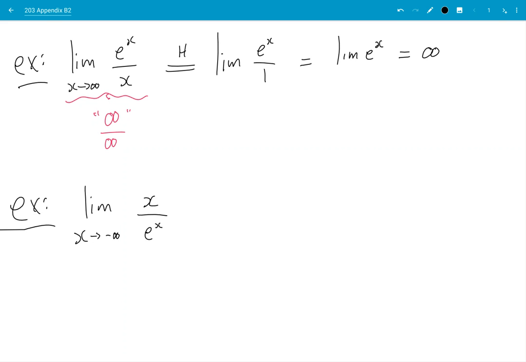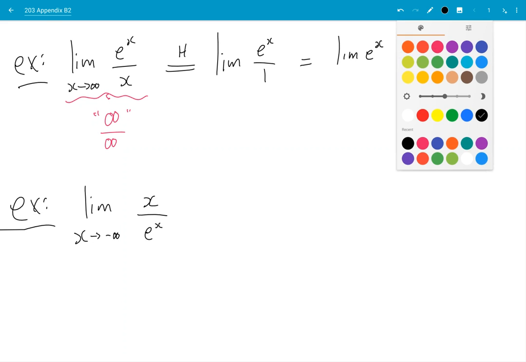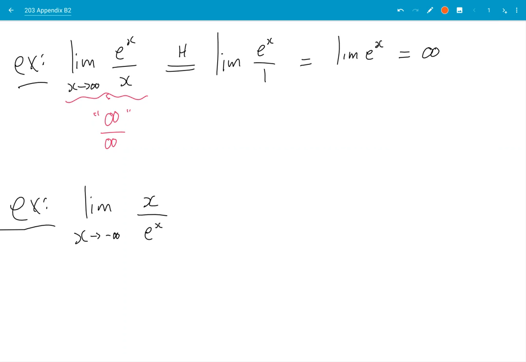Now this one, you may jump in and use L'Hopital's rule, but that would not be correct. Because this one, the numerator is approaching minus infinity, and the denominator is approaching 0.